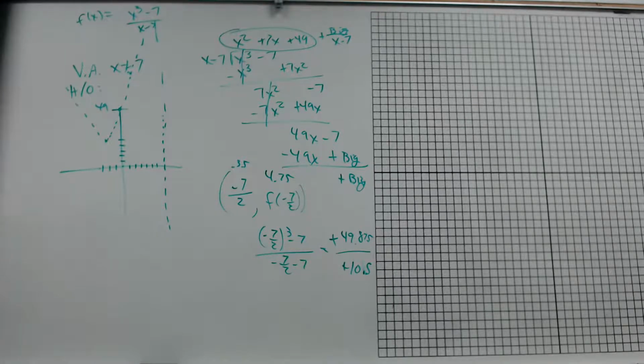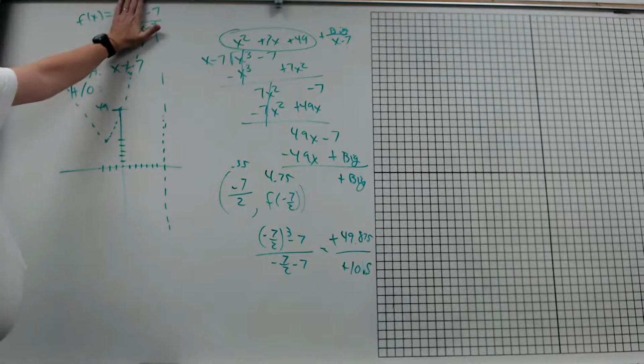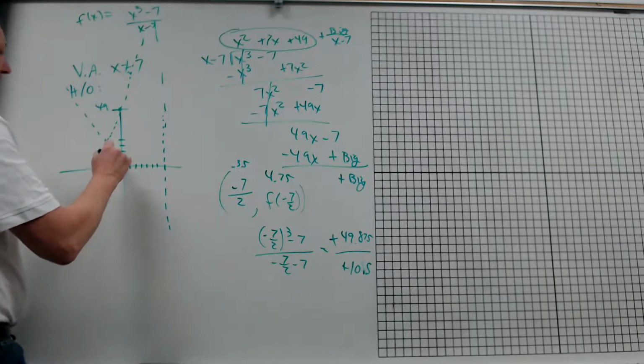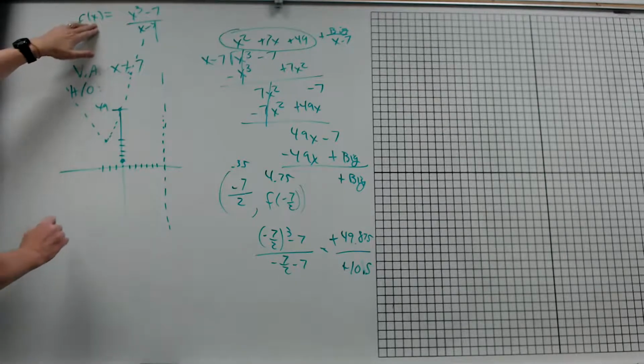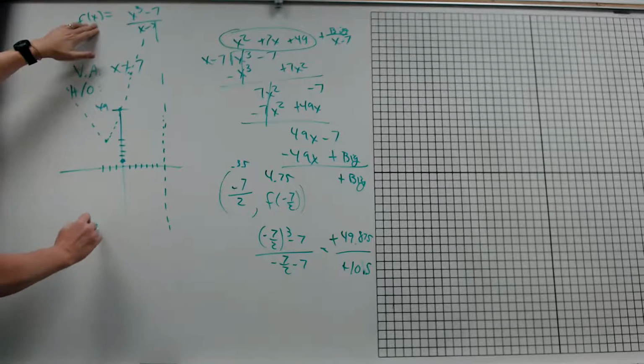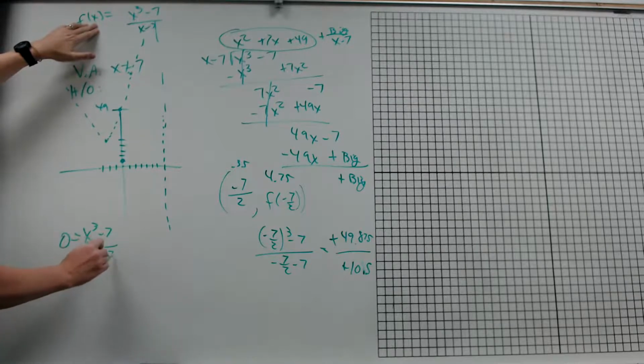All right, so now if I set x equal to 0, y equals 1. So I've got a point there. If y equals 0, then 0 equals x cubed minus 7 over x minus 7, so x cubed is going to equal 7.